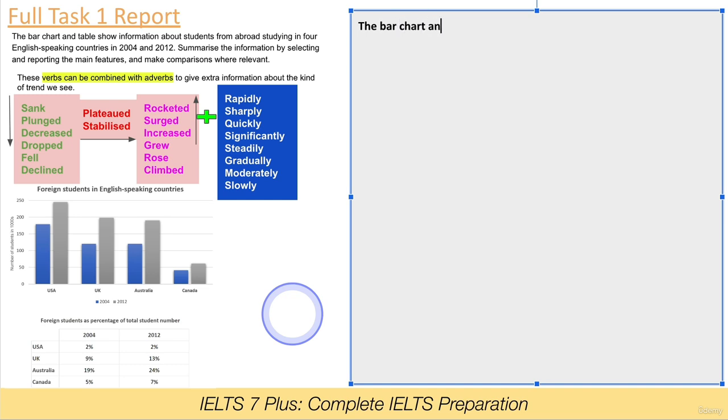The bar charts and table provide data on students from abroad, individuals from different countries.